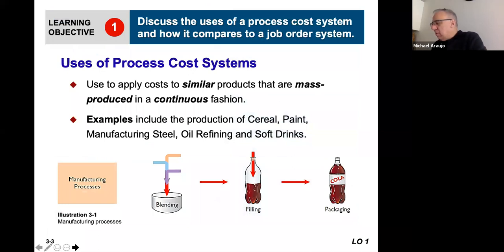Okay, so process costing is used when companies have similar products that are mass produced.